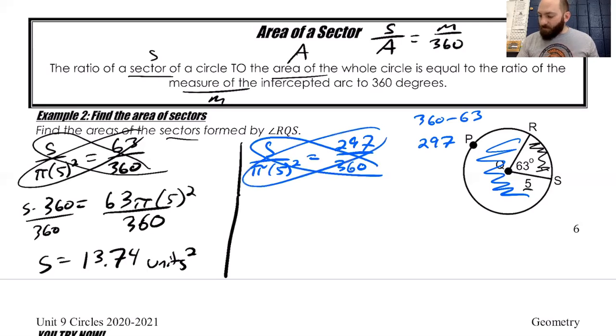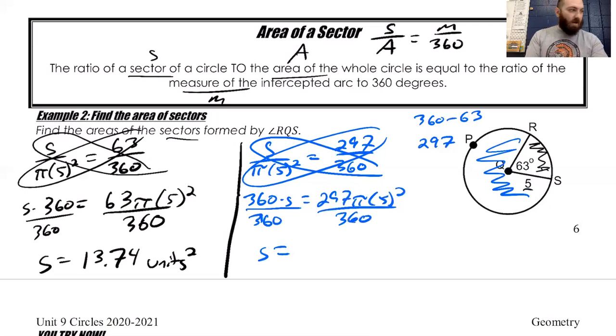Cross multiply, I'm going to have 360 times S equal to 297 times pi 5 squared. Divide both sides by 360 now, so that my sector area is going to come out to 64.795. So we're going to go with 64.8 units squared.